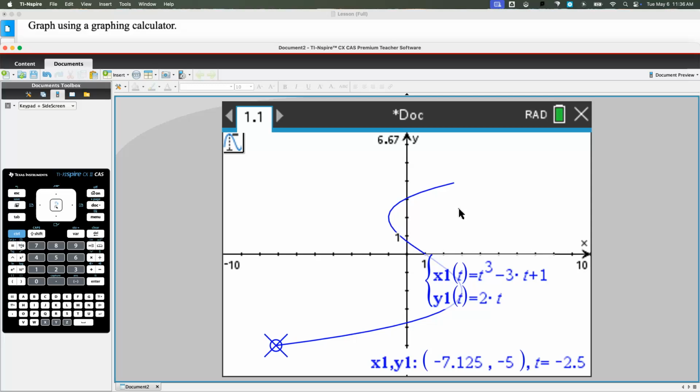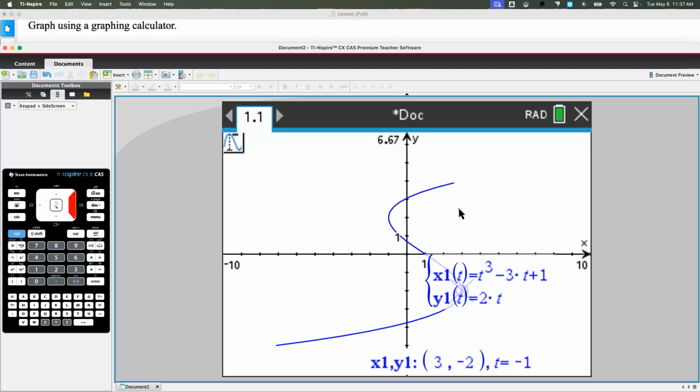And then there is the corresponding point. Okay? And then if I scroll to the right, it's going by ones. So at a t value of negative 2, I would graph the point negative 1, comma, negative 4.